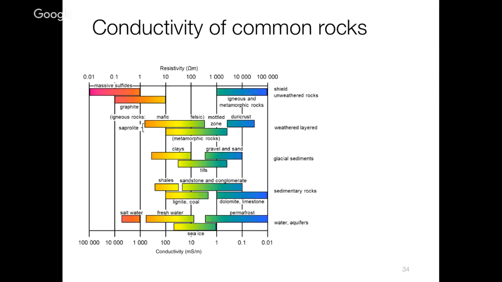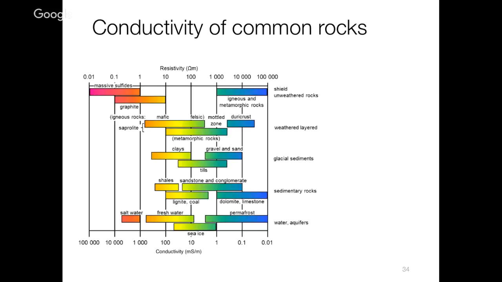On the other hand, if you go down to this region, you've got very low resistivities. That means current passes really easily. Things you've got are massive sulfides, graphite, and salt water. In between, you've got all these other things: clays, gravels, tills, just a whole bunch of stuff.